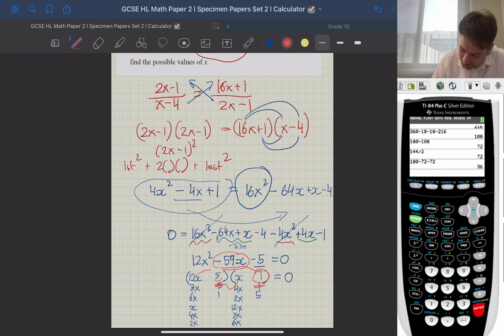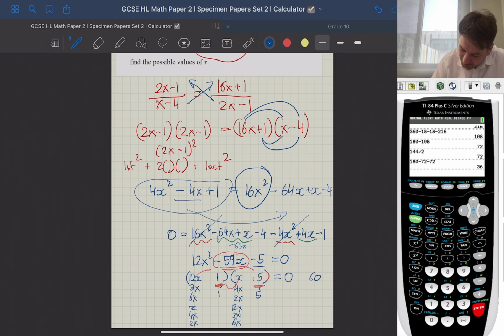So I am going to now try a next option. I had 5 and 1, so I'm going to do 1 and 5. And the reason I'm doing this is because 12 times 5 gives you a big number, and 59 is a big number, right? So if I do 12 times 5, well, what do I get? I get 60.